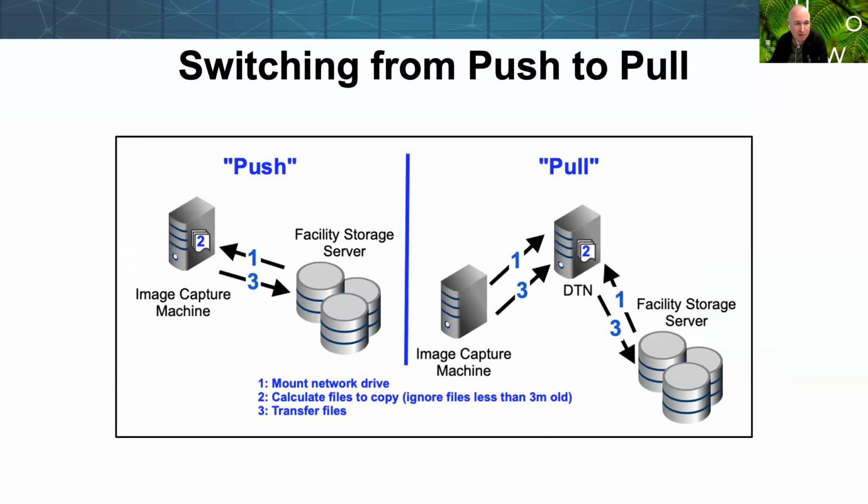Rather than mapping a drive from the file server, we had to set up a share on the image capture PC, so that the DTN sitting in the middle could connect to both of them and then manage the transfer. But that all worked fine, and our initial testing showed that it seemed to have solved at least the CPU load issue.